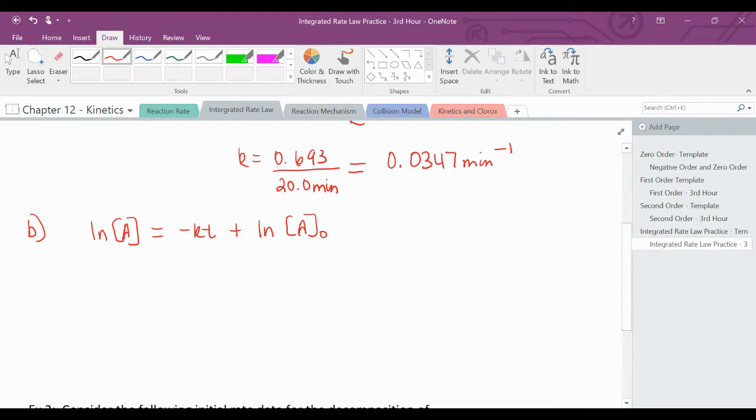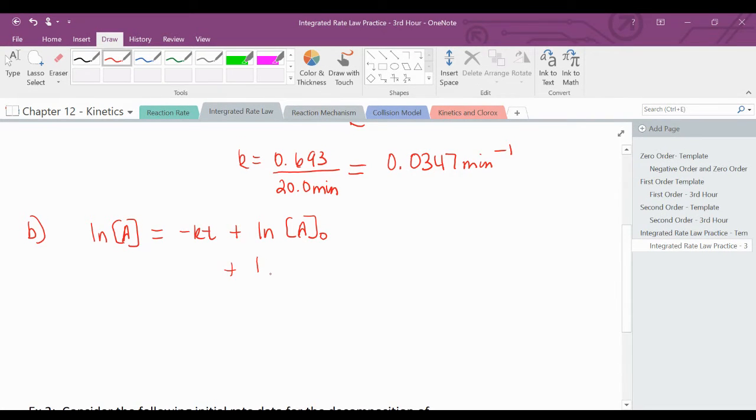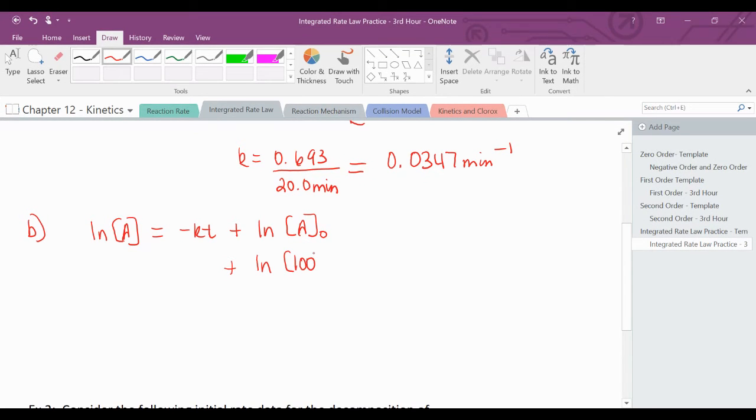Okay. Now, it doesn't give me actual numbers here. It just tells me it's 75% complete. So this had to mean that initially I had 100% of A, and we're looking for time.